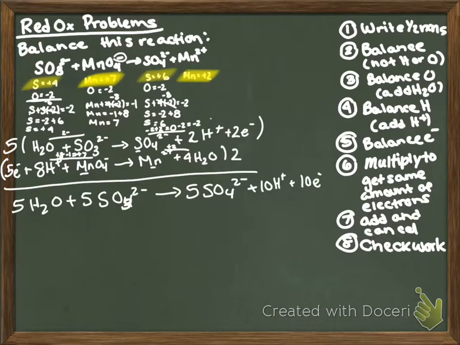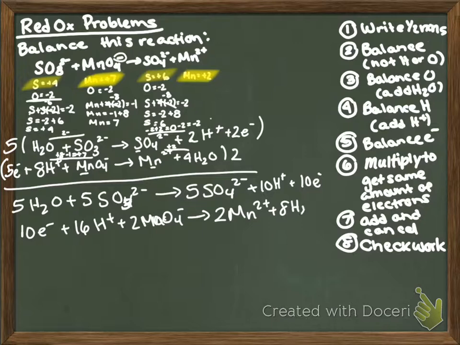And then in the second reaction, I'm going to distribute that 2, so I'm going to get 10 e- plus 16 H+ plus 2 MnO4- gives us 2 Mn2+, and 8 H2O is our other product.